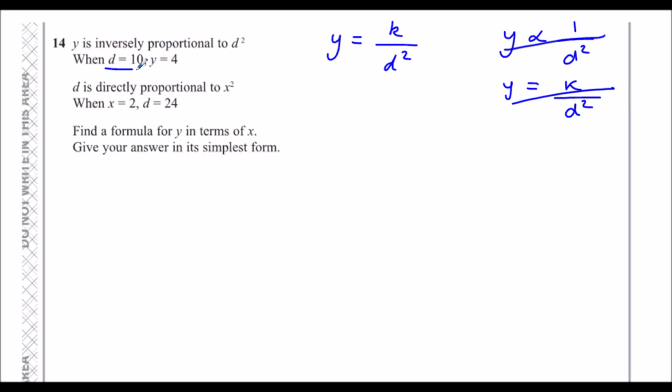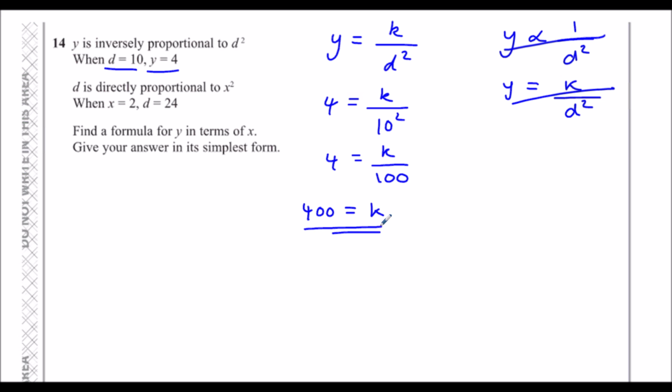And we're told when d is 10, y is 4, so we can work out k. So 4 equals k over 10 squared. 10 squared is 100. So I've got 4 equals k over 100. If I multiply both sides by 100, that will tell me k is 400. So I can change my formula into y equals 400 over d squared.